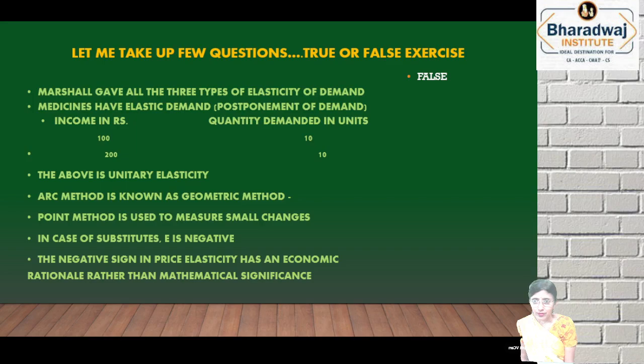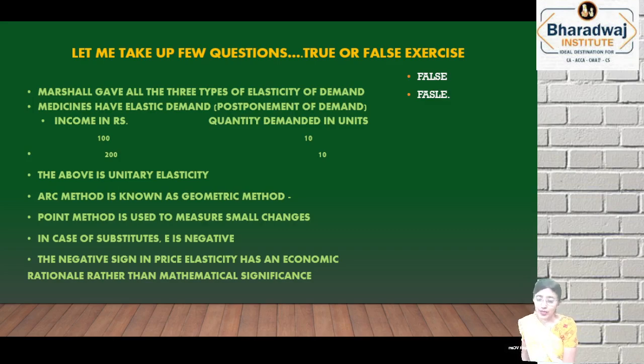I have true. False. It cannot have an elastic demand because elasticity is the degree of responsiveness of quantity demanded to changes in price. Supposing the price of the pills is very high, will you refrain from buying it? You have to buy. That is why it is inelastic.